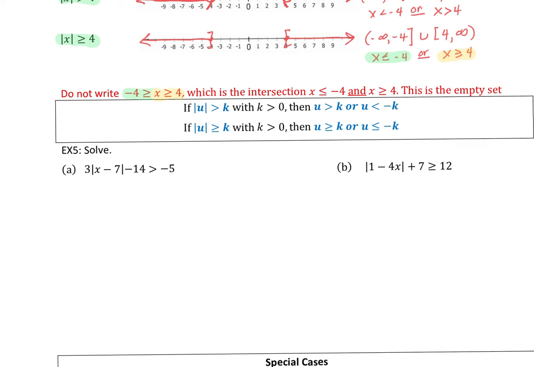So if you put the x between the negative 4 and 4 and just flip those inequality signs, remember, values in between inequalities means and. So this is actually an intersection. It's x less than or equal to negative 4 and x greater than or equal to negative 4.